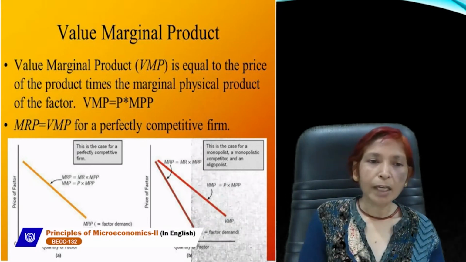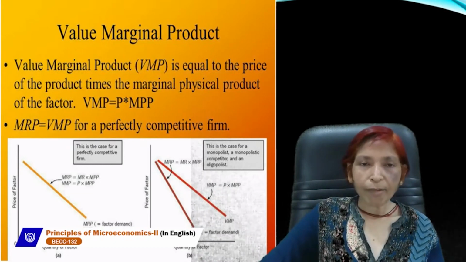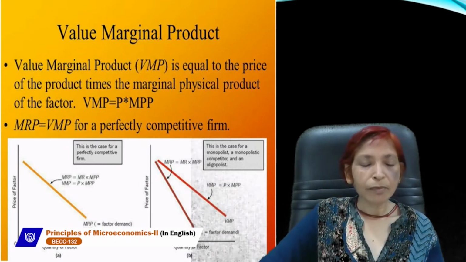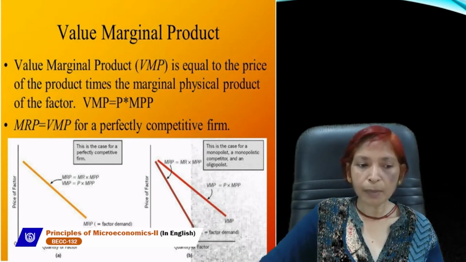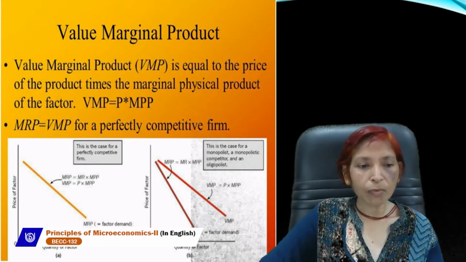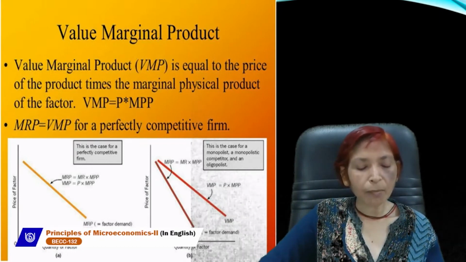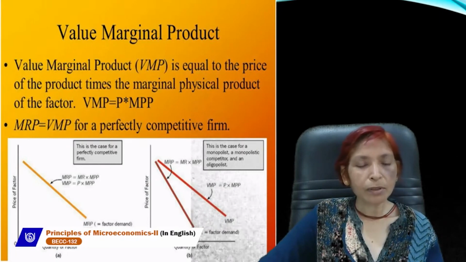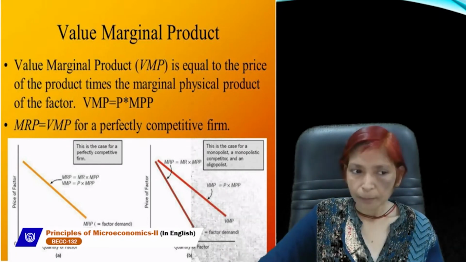So we can draw a diagram. In case of a perfectly competitive market, we know that AR is equal to MR, so VMP will be equal to MRP. So MRP is equal to VMP, and this curve will be a downward sloping curve, which represents that in a perfectly competitive market, both production values will be equal.